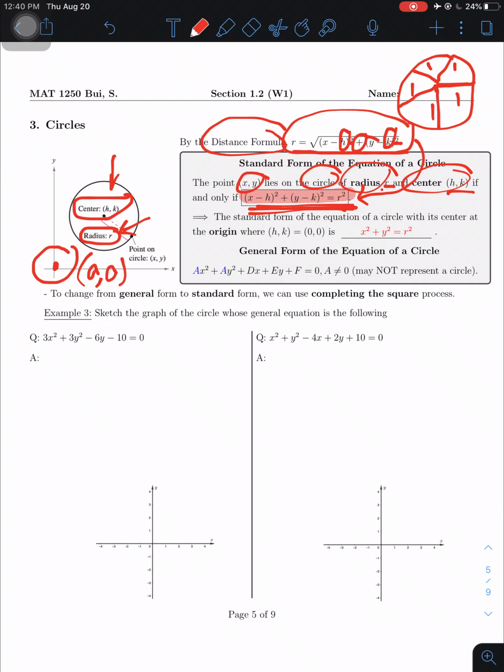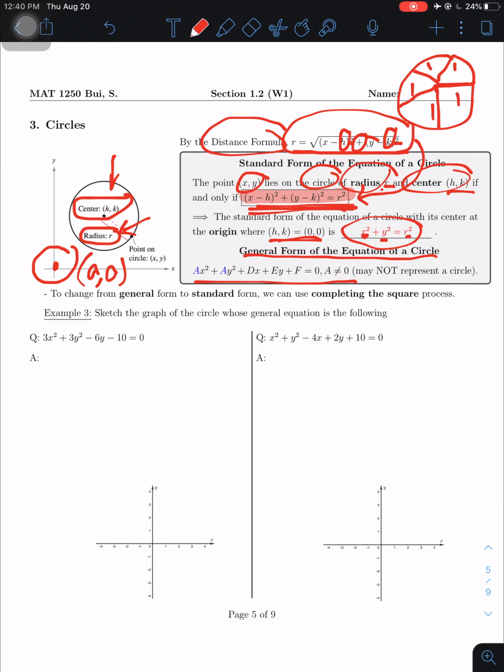The radius could be as big or as small as you want the circle to be, so it could vary. But if the center has to lie on the origin, then we're going to have this formula in here. Why is that so? Because when h becomes 0, x minus 0 is just x. So we have x squared in here. And then when k becomes 0, we just have y minus 0, so it's just y squared. And then on the right hand side, we still have the radius squared. In general, we're going to have this form in here.